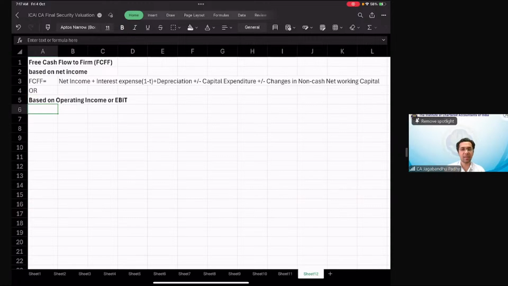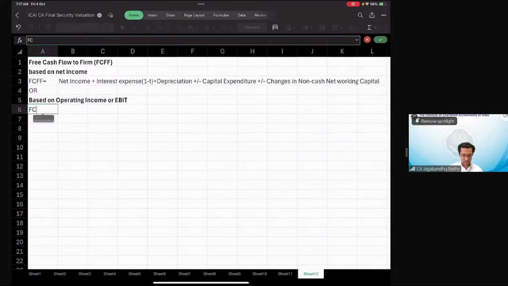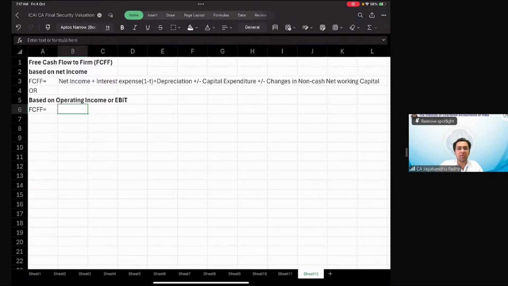So when we already have the information of, let's say, EBIT, can you guess how are we going to calculate the FCFF? If you're starting with earnings before interest and tax, what do you think will be the way to calculate the FCFF?